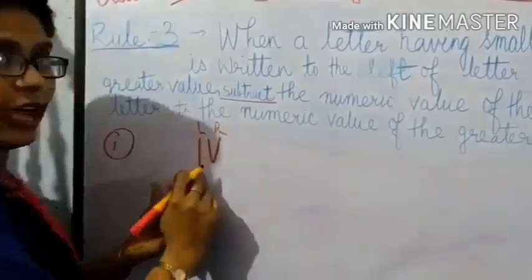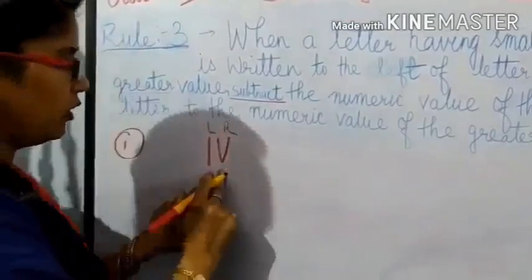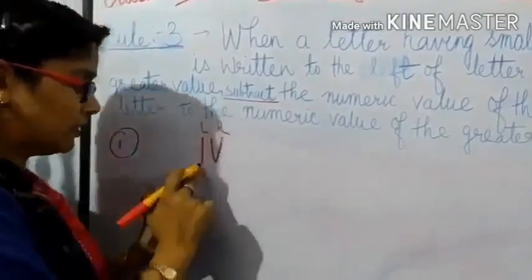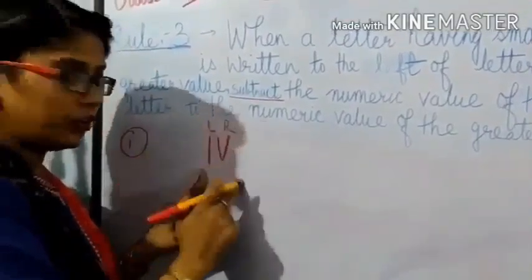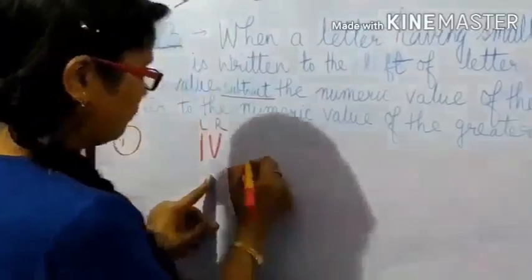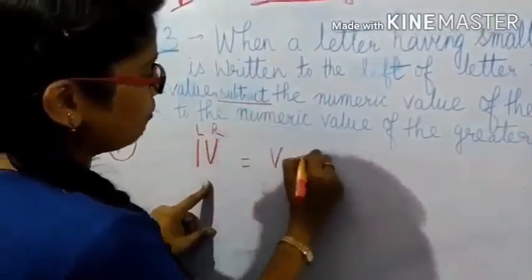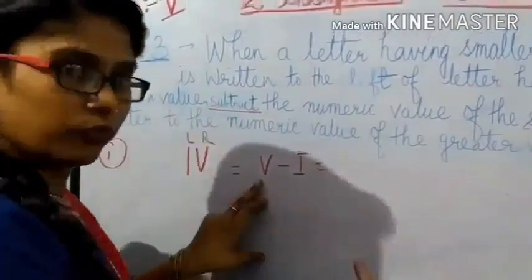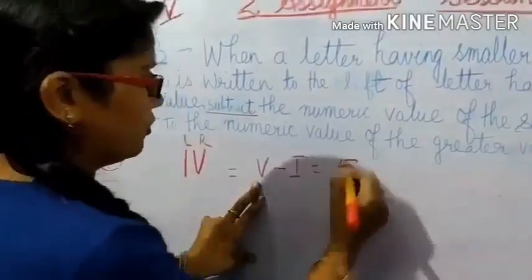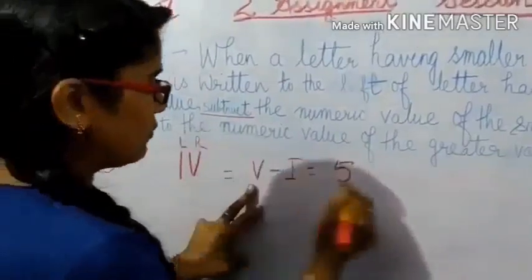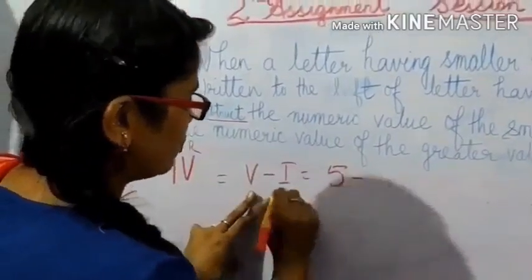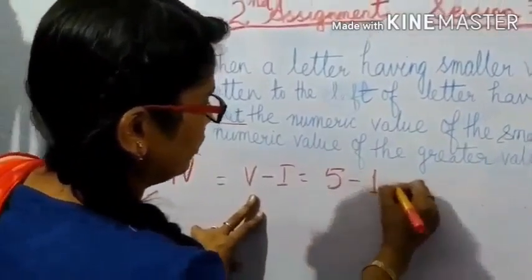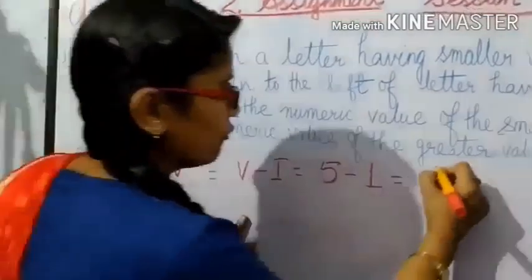Since I has less value than V, we will subtract this I from V. So V minus I, since V has value 5, and we subtract I from V. So the value of I is 1. So 5 minus 1 is 4.